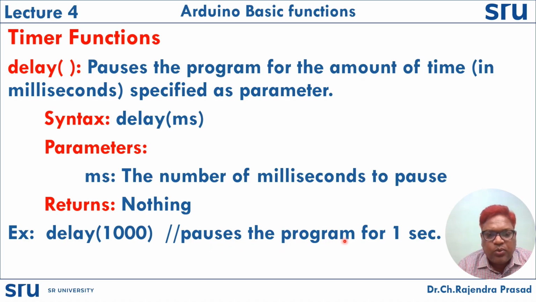If you want to stop a program for 1 second, you need to provide 1000 here. So 1 second is equal to 1000 milliseconds. Based on our requirement, you can change this parameter to 2000, 3000, 4000 and so on. Based on our delay requirement, you can change this parameter, but here this parameter is in milliseconds only.